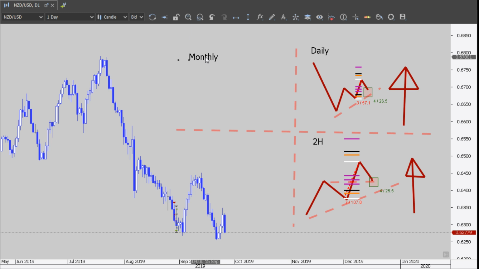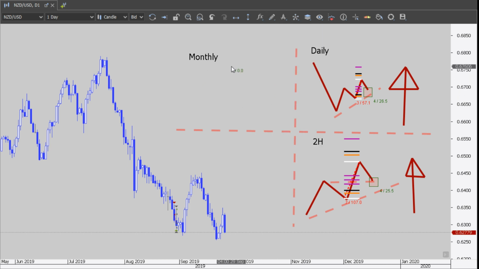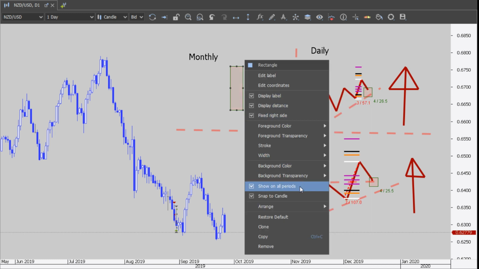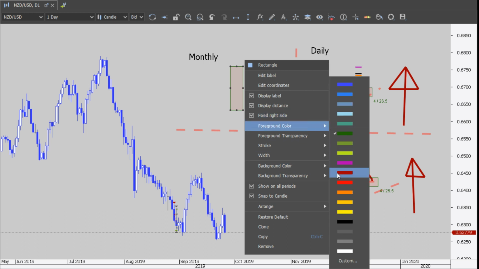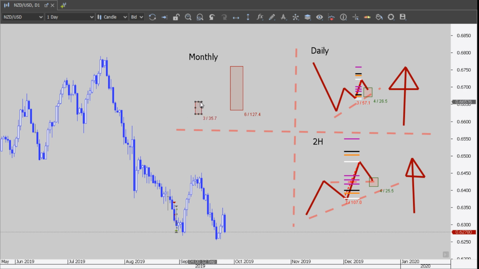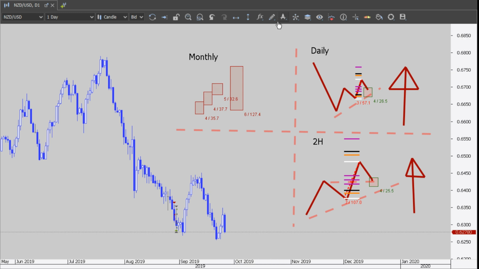Guess what is going to happen on the daily and on the 2-hour chart if on the monthly appears a bearish candlestick formation. You don't even need the structure and the market wave, but just let's say that the market was moving up: up candles, bullish candle, bullish candle, bullish candle, one more bullish candle, right?